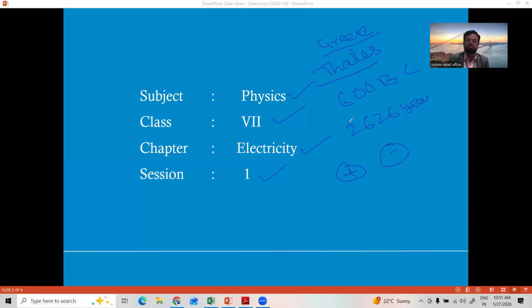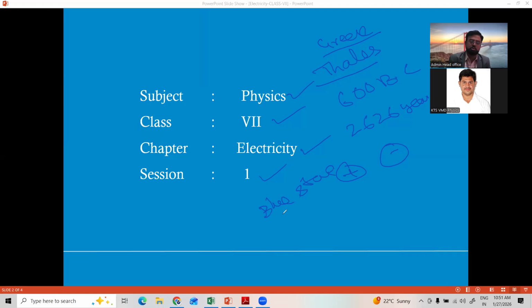But before that, the first to study was the Greek scientist Thales, who first observed that when a stone, a blue colored stone called amber, which is the color of sky, is rubbed with fur, which is nothing but animal hair, they started attracting each other.